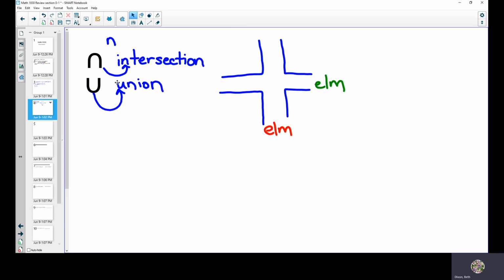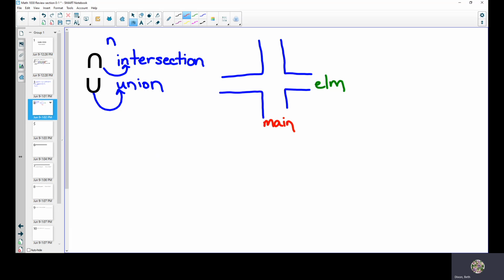I'm supposed to have one Elm Street and one Main Street.